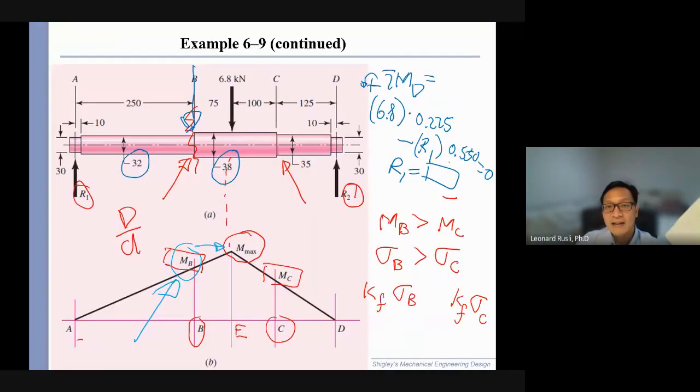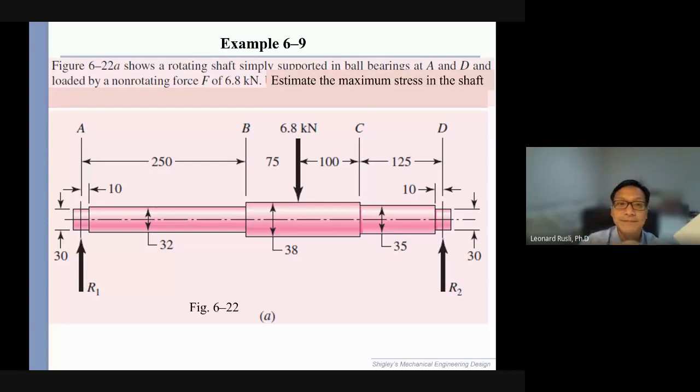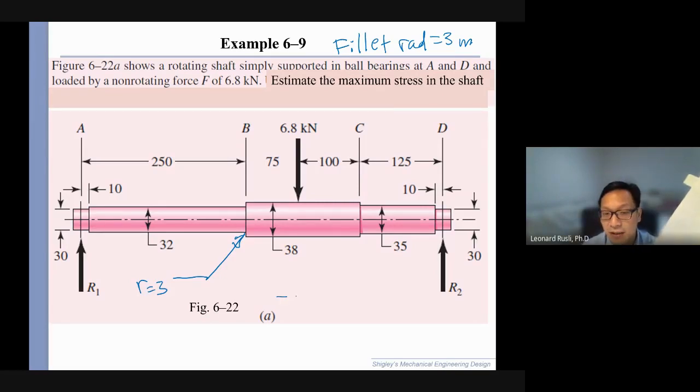Maybe I should add to the problem statement that the fillet radius is 3 millimeters. So the shaft shoulder has a curvature, the fillet radius. This is called the fillet radius.